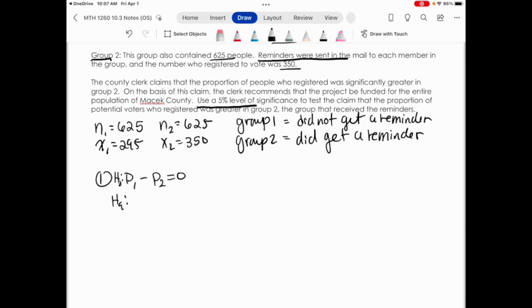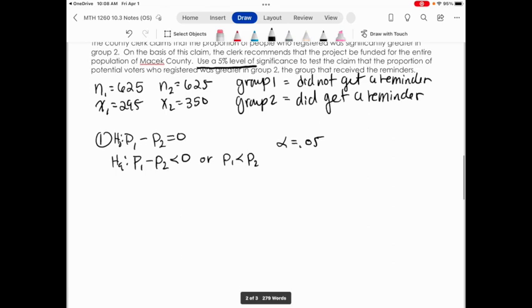That means when I subtract p1 minus p2, that should be less than 0 if we're assuming p2 is greater. The other way that you can write it is p1 is less than p2, or p2 is greater than p1. We're using a significance level of 5%, which is 0.05.